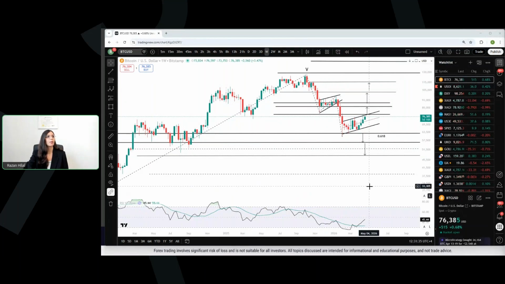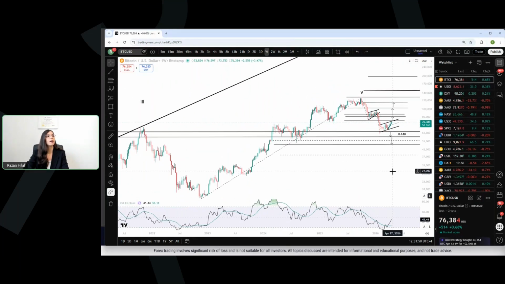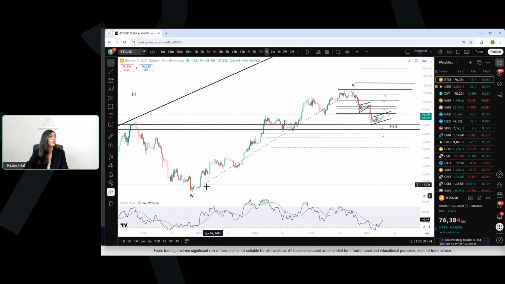And as a quick recap for the Bitcoin chart, we had this bullish setup since it's a sharp rebound from the lows of February 2026 near the 60,000 zone. Now, this level aligns with the golden 618 Fibonacci retracement of the uptrend between 2022 and 2025.